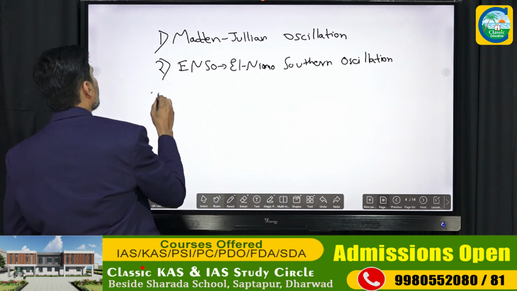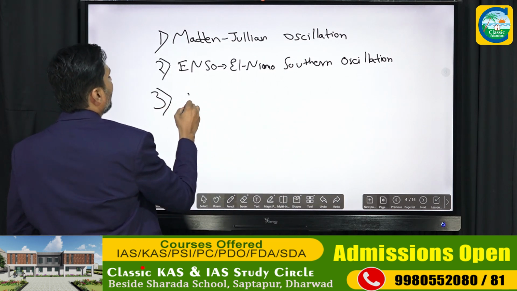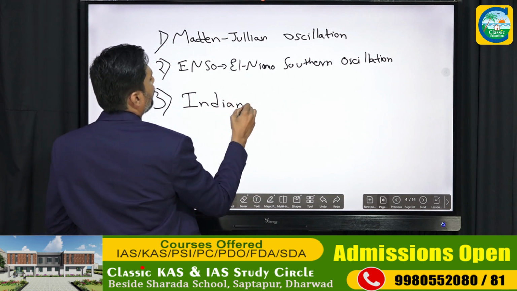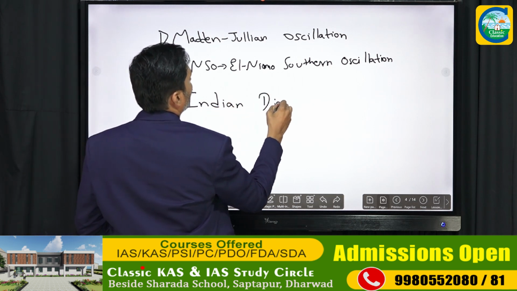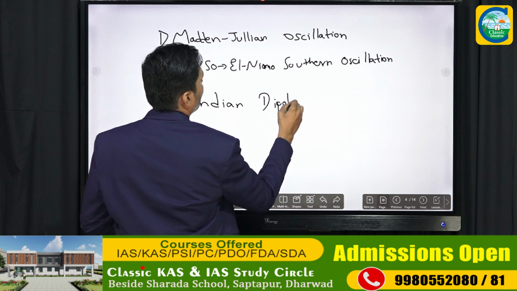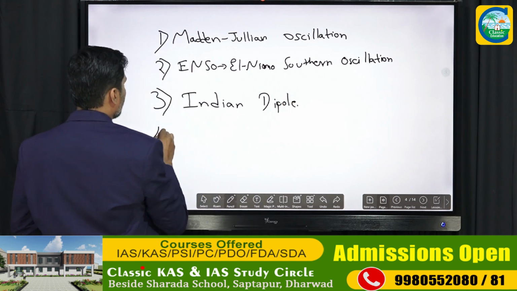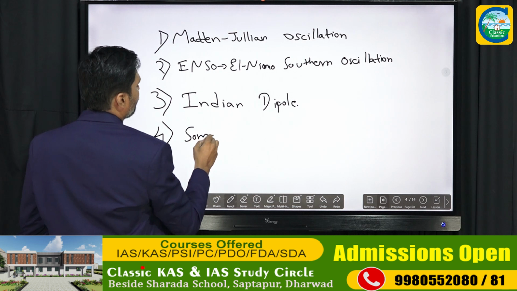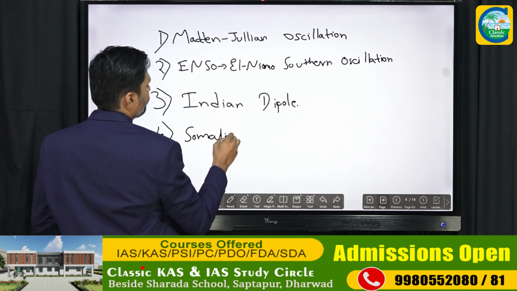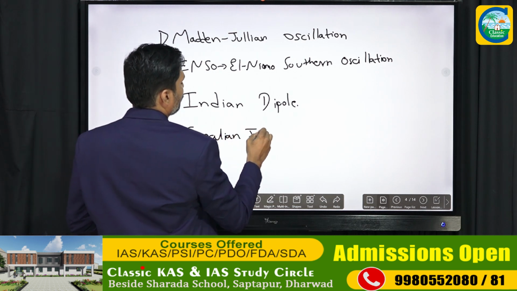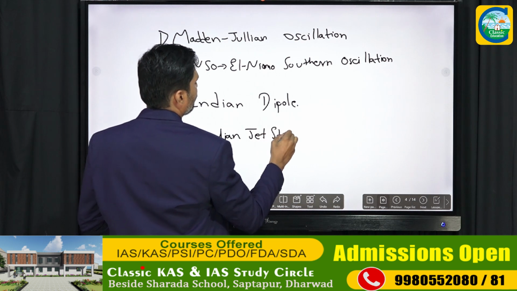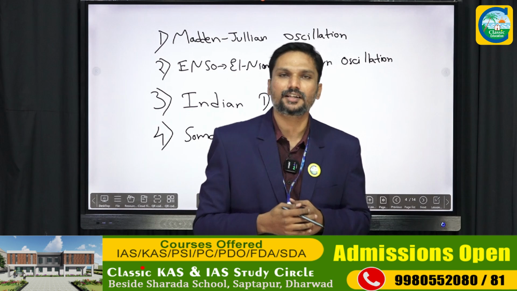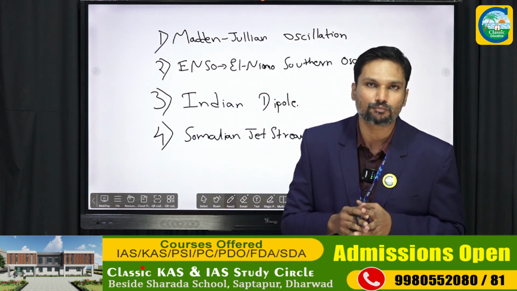And the third most important aspect is the Indian dipole. The last important factor is the Somalian jet stream. These are the four major factors which decide the onset of monsoons.